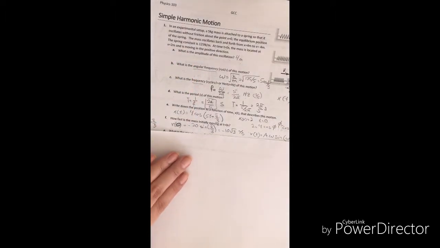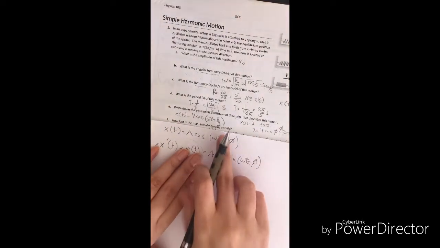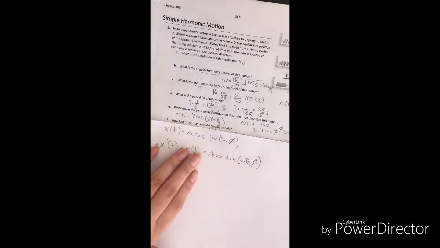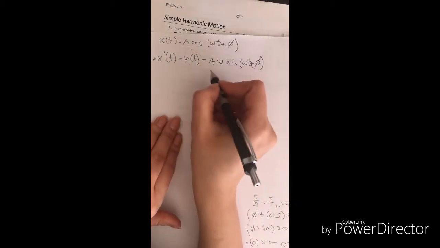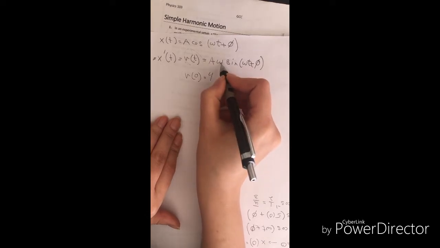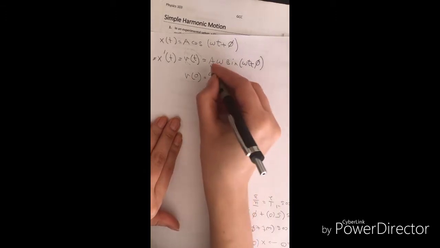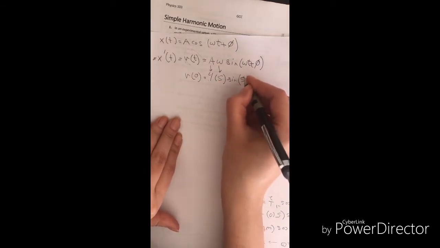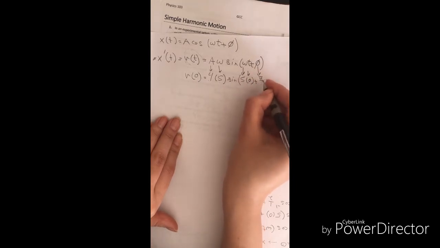Now we have that, so we can put everything there. When t equals 0, how fast is the mass initially moving? So we have A is 4 meters, omega is 5 rad per second, sine of 5 times t, which is 0, plus phi, which is pi over 3.